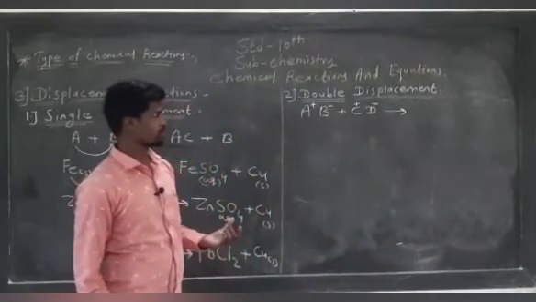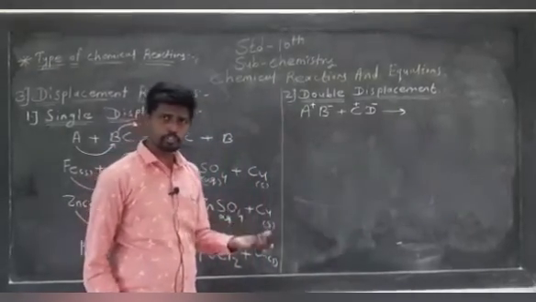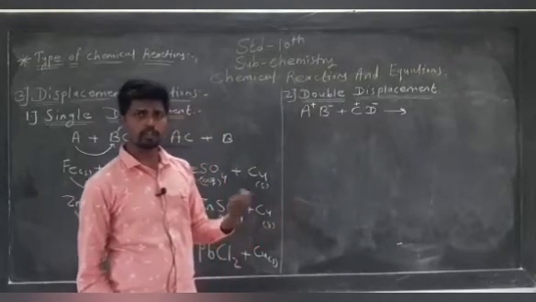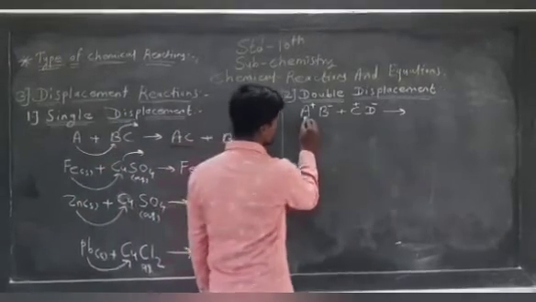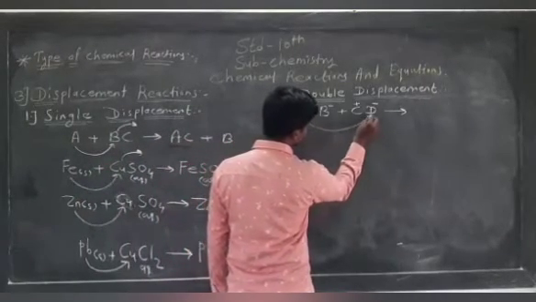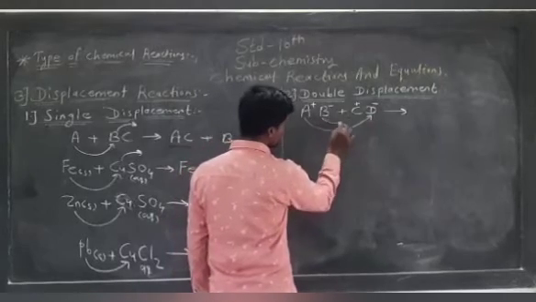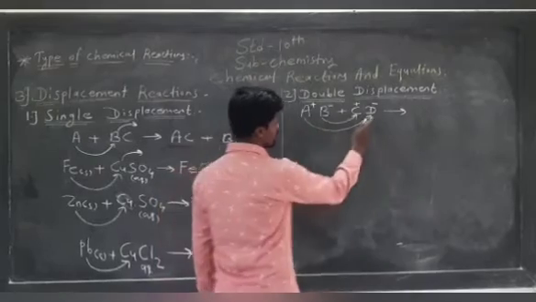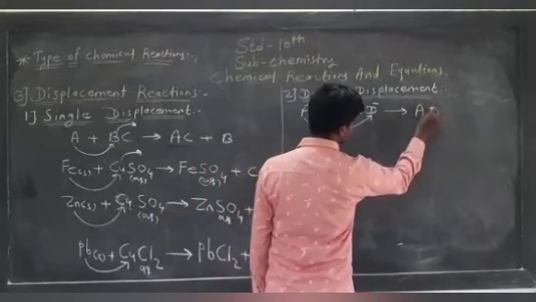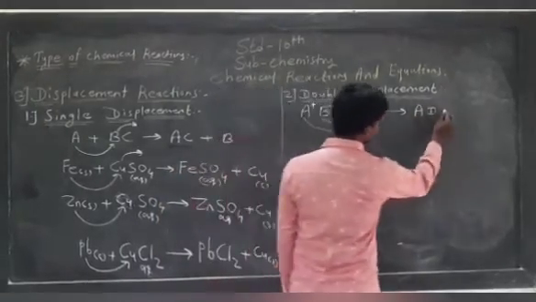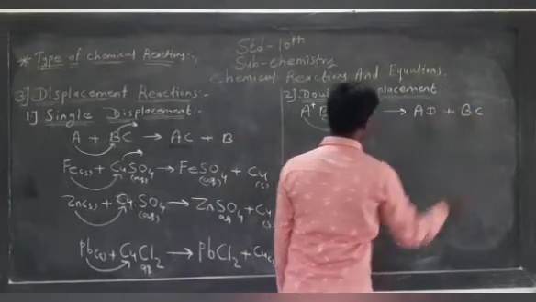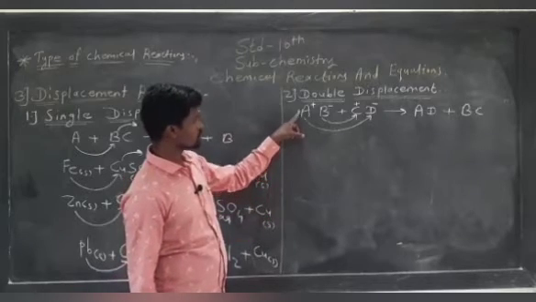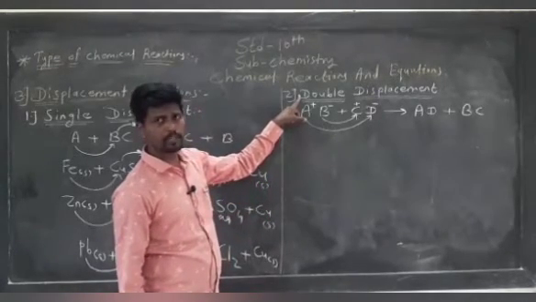You know that there is attraction between positive and negative, and repulsion between positive and positive or negative and negative. So positive A attracts D and negative B attracts C, which gives product AD and byproduct BC. How many times is displacement? Two times. So this reaction is called a double displacement reaction.